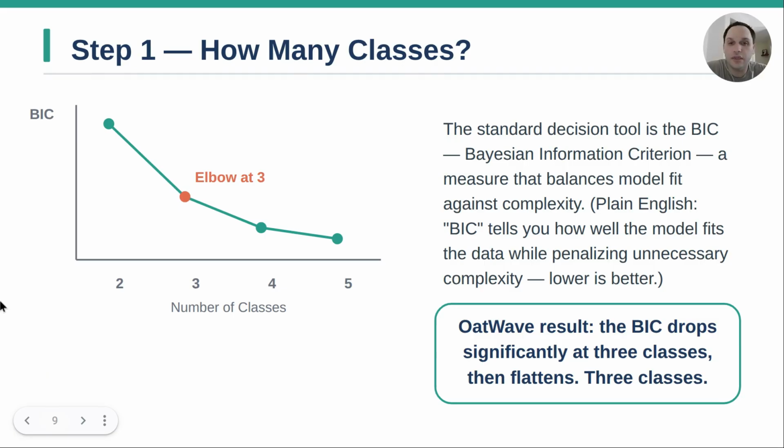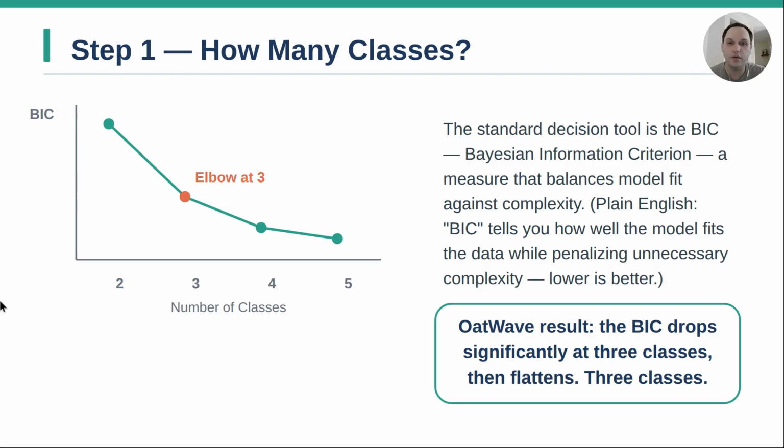The first decision is how many latent classes to keep, and in LCA, the standard tool for making that decision is the BIC, or Bayesian Information Criterion. The BIC measures how well the model fits the data while penalizing unnecessary complexity. A lower BIC is better.